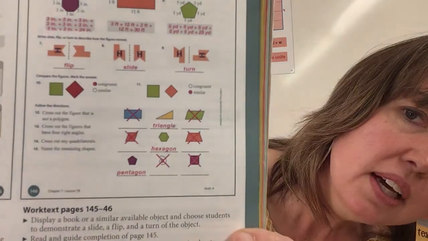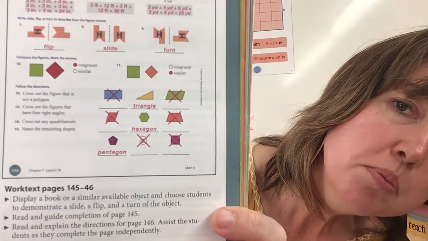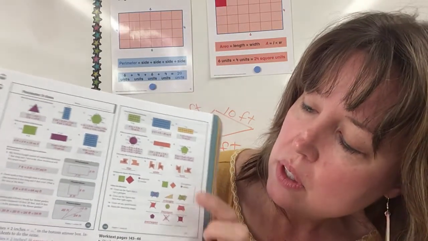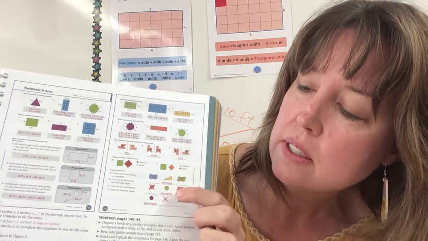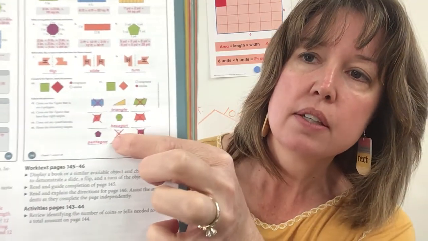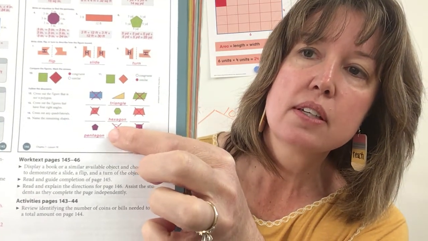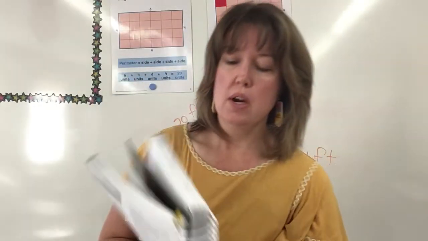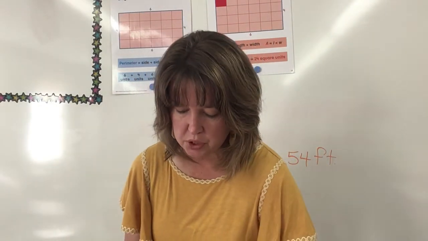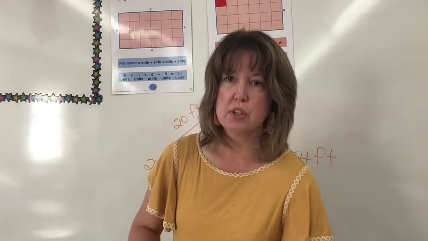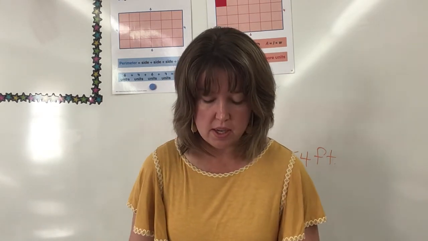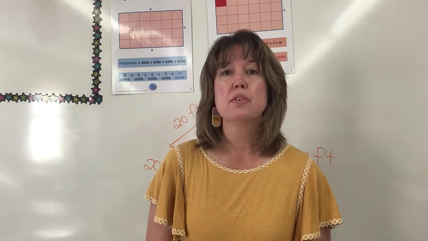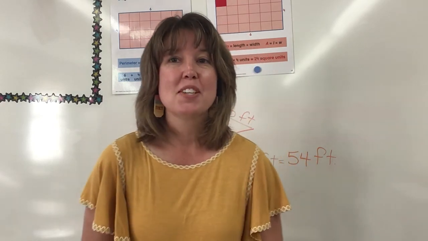Okay, so you're crossing out those shapes, and then what do you have left? A triangle, a hexagon, and a pentagon. Okay, so that's the answers for that exercise there. All right, now, so go back up to the top of that page and you're going to find the perimeter and the area, and then you're going to do your activity pages 143 and 144. So have fun.